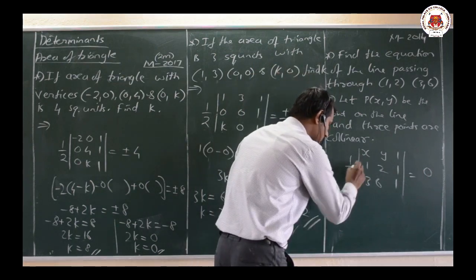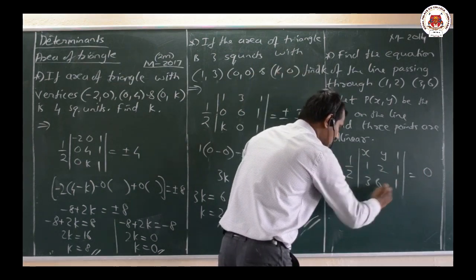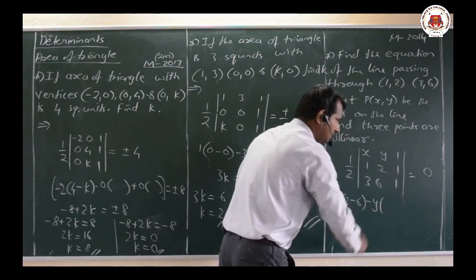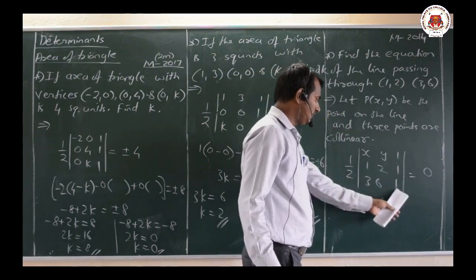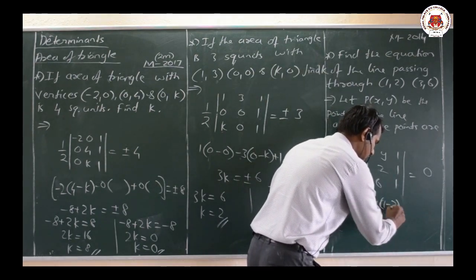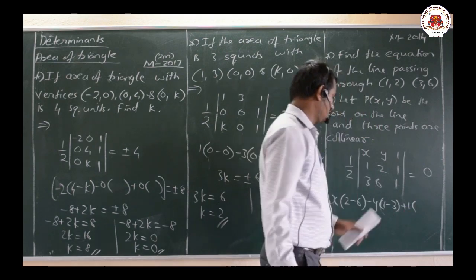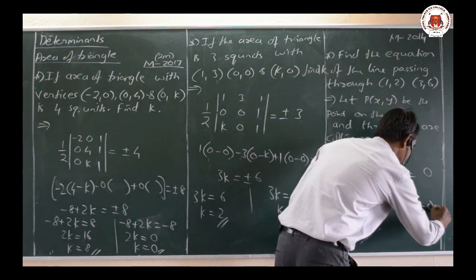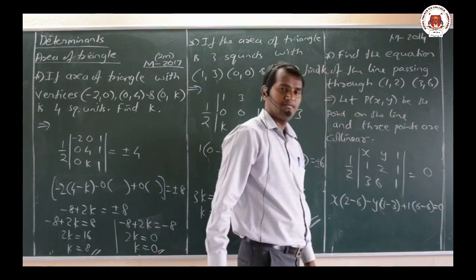Now we'll solve the determinant: x into 2 minus 6, minus y into 1 minus 3, then plus 1 into 6 minus 6, that is 0, which is equal to 0.